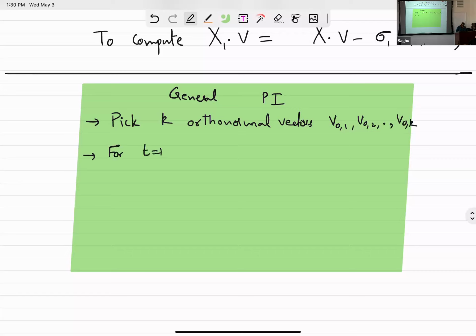Then for each iteration, you define ut,1 and so on.